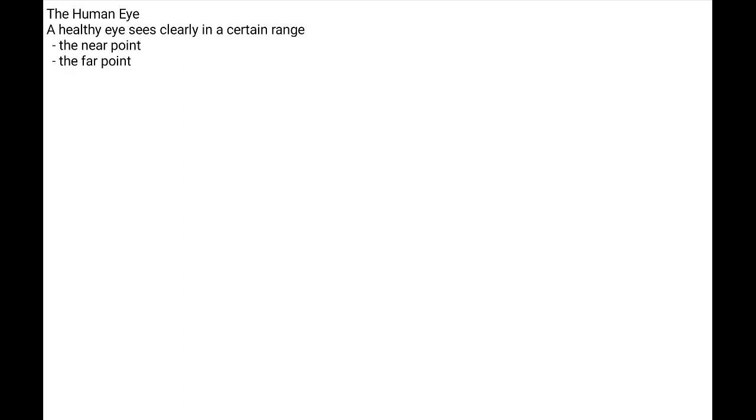Now, if we have another kind of healthy eye, so you go to the eye doctor and they tell you that your vision is 20/20. What that means is that you see at 20 feet what you should see at 20 feet. So we're only looking at a shorter range, from what we call the near point all the way to the far point.